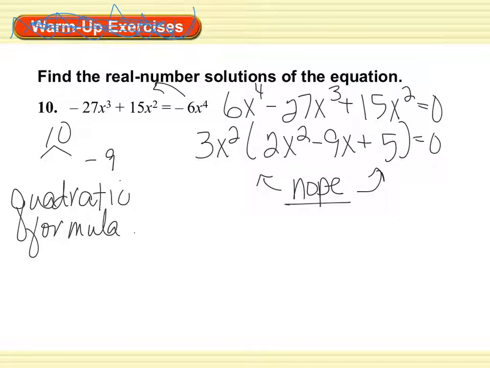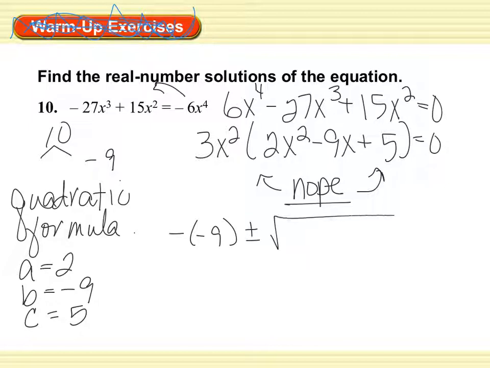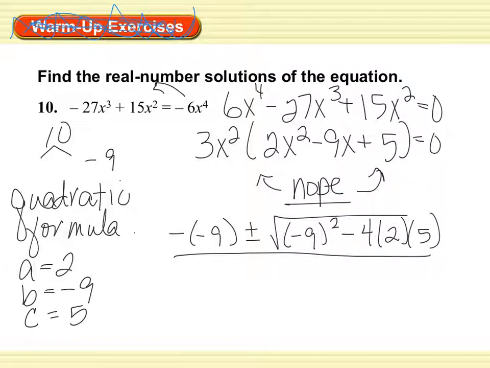All right, so I have A is 2, B is negative 9, and C is 5. So negative B plus or minus the square root of B squared minus 4 times A times C, all over 2A.